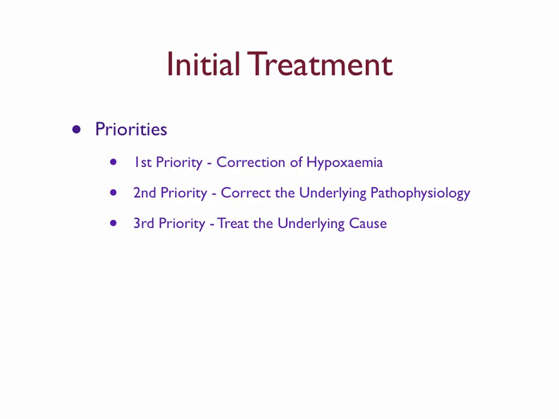And if we can correct it soon, then the risk of death is very much reduced. Only then do we look at the second priority, which is to correct the underlying pathophysiology if we can identify it, and then we can look for and treat the underlying causes. Regardless of whatever the cause is, the initial treatment and the initial priorities are always done in every patient.